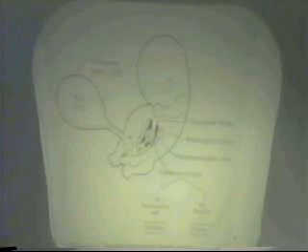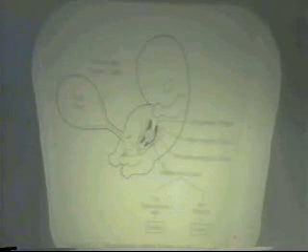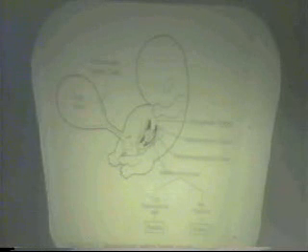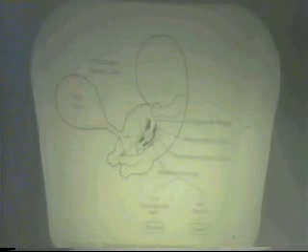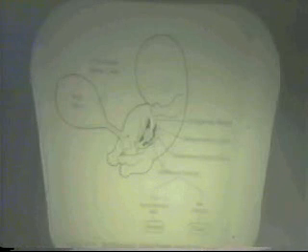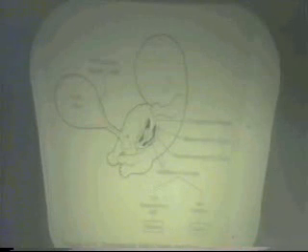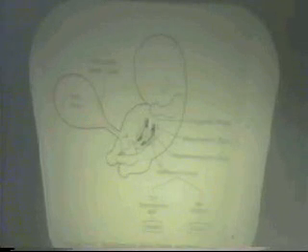Which gonad it becomes is determined by certain factors synthesized by the embryo. If the embryo has a Y chromosome, then a factor known as testis-determining factor is secreted by the embryo, and that will cause this gonad to become a testis. In the absence of that Y chromosome, and therefore in the absence of that factor, this gonad will become an ovary. So you don't need any factor to become an ovary.